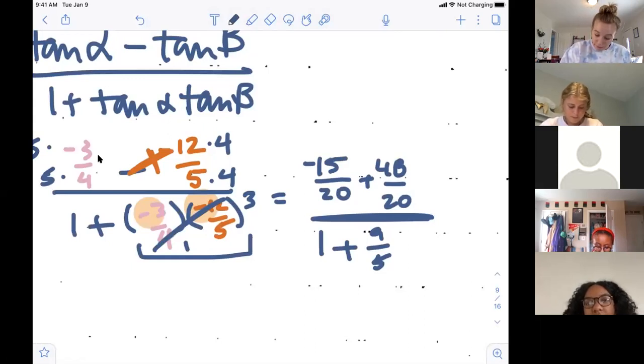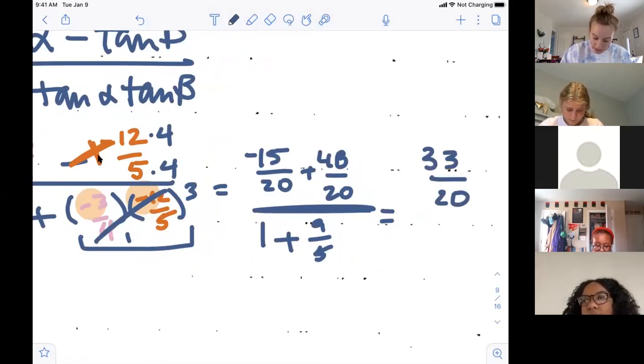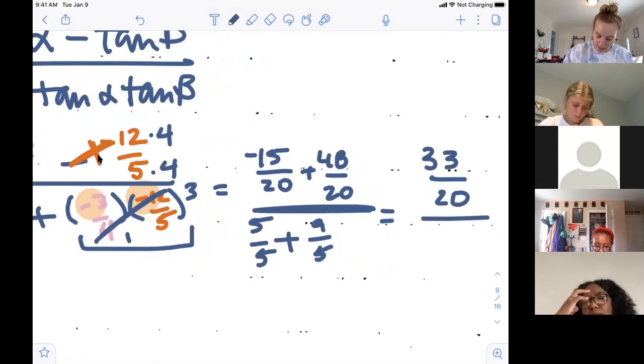Let's add the top. Negative 15 plus 48 becomes 33 over 20. And then on the bottom, let's make that 1 be 5 over 5. I don't want to waste any more time doing steps where I can get like denominators. So 5 plus 9 is 14 over 5.